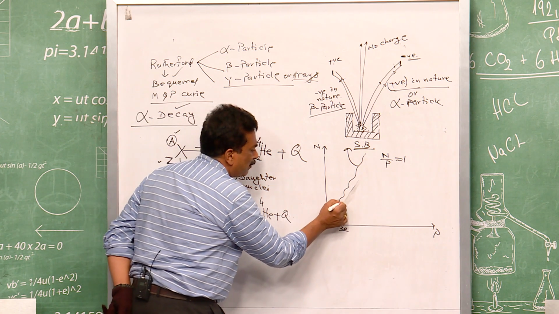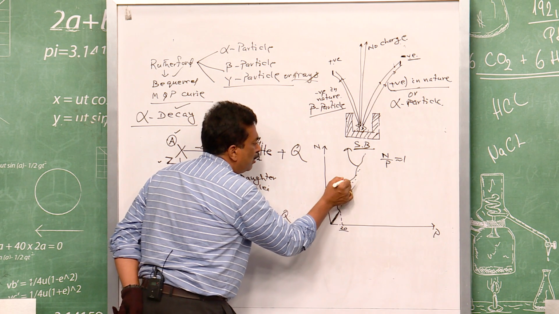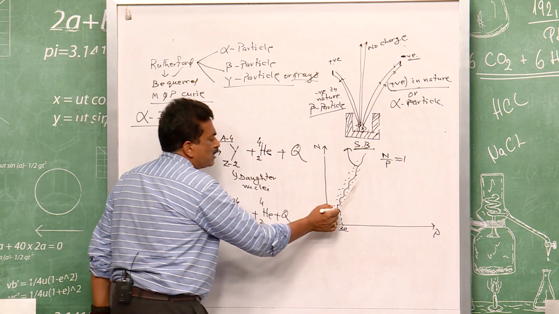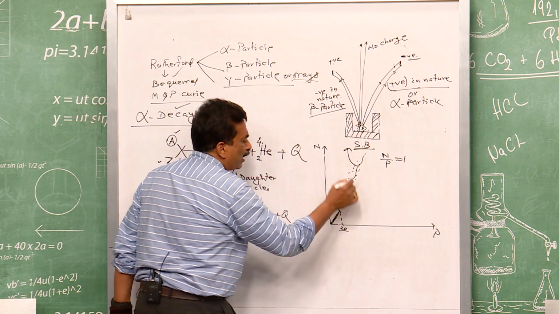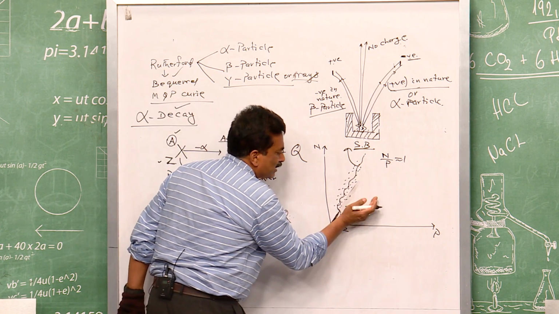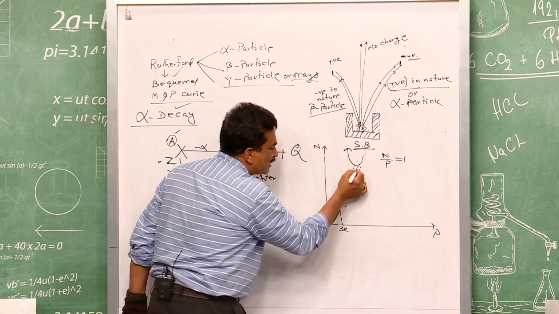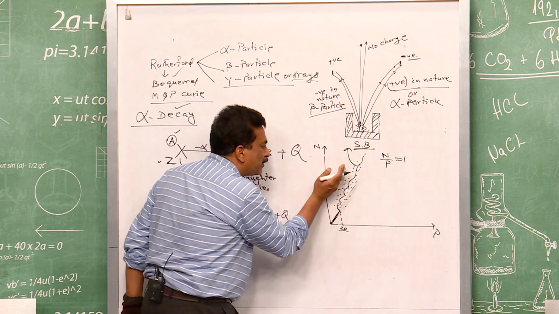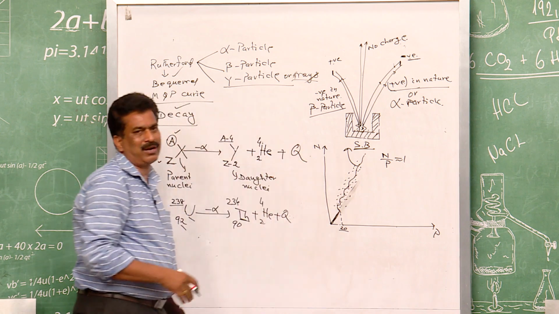If some nuclei have n by p not equal to 1, and never satisfy the points which lie on this line, then what will happen to them? Suppose the nuclei are lying on this side. It indicates that the neutron to proton ratio is less than that of stability. Those above this line have a neutron to proton ratio more than that.